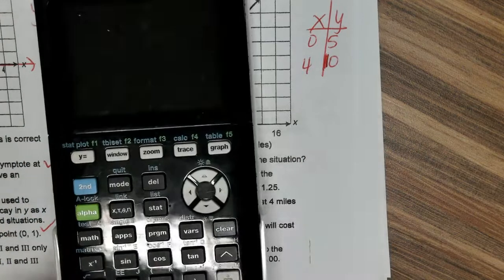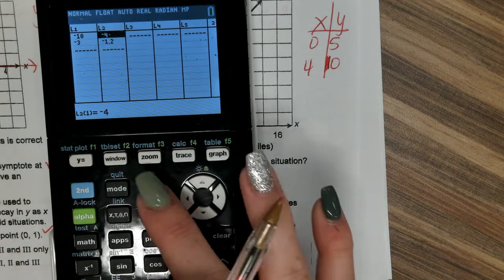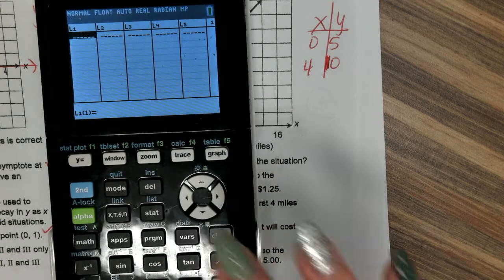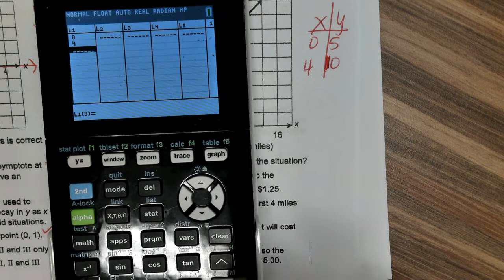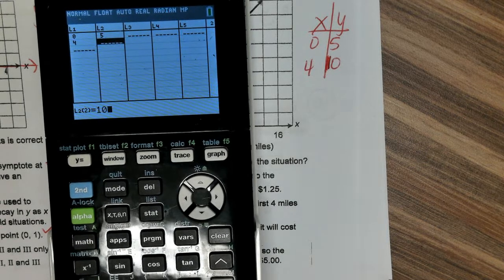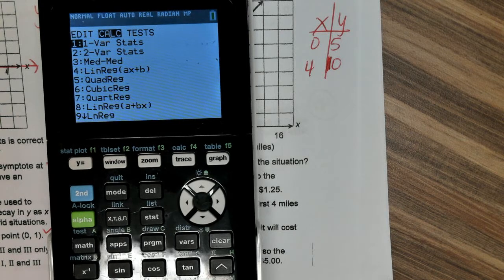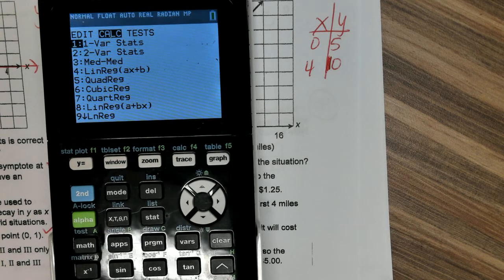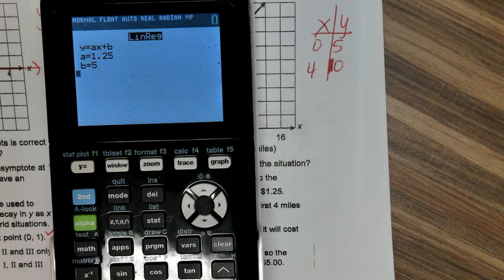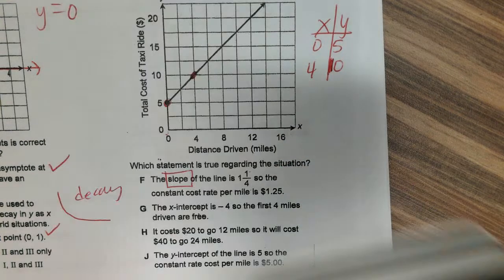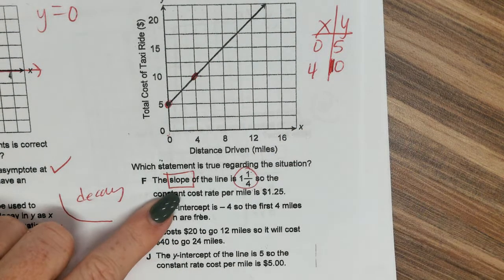So I go to stat, edit. I need 0 and 4, and 5 and 10. Stat calc. Which option am I going to choose? Linear, because it's linear. And it says the slope is 1.25. So was this true right here?